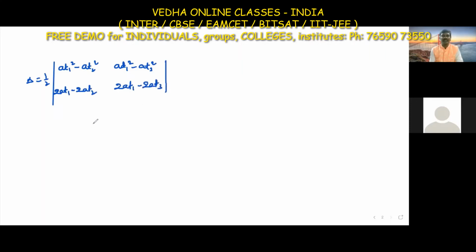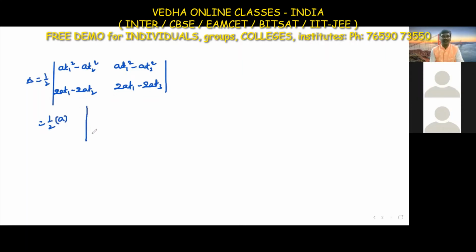We substitute that here. Whatever is possible to take common, we take that common. From the first row I am taking a common, so we get t1 square minus t2 square and t1 square minus t3 square.